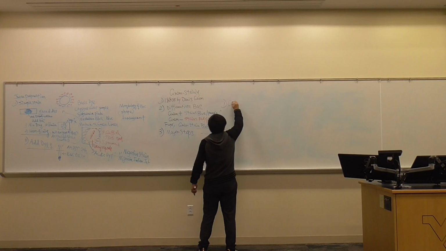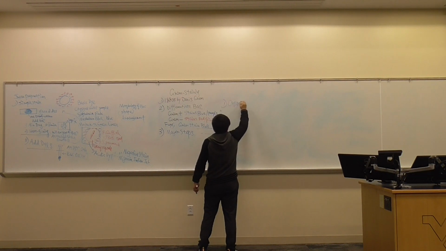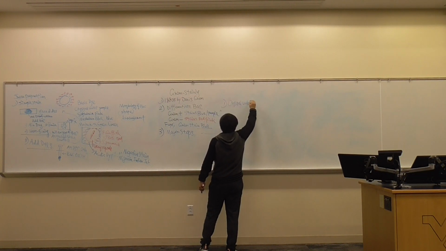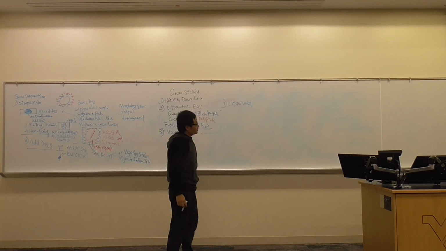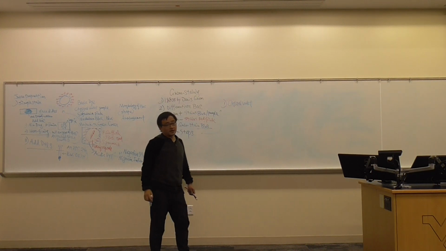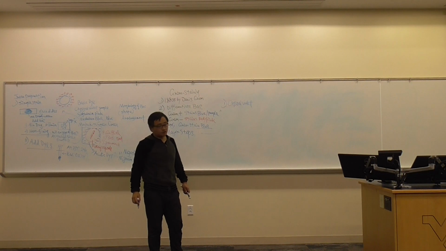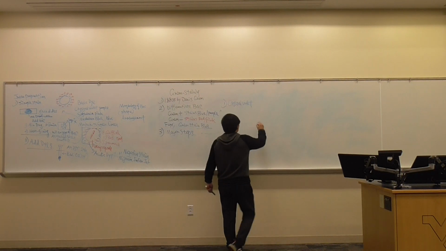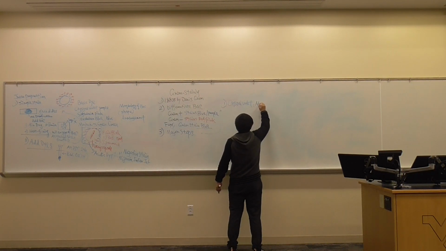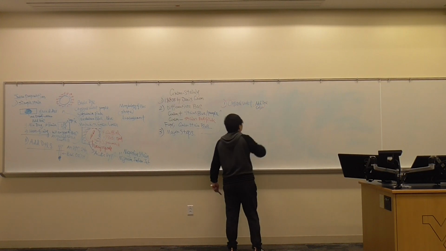Number 1, crystal violet. Crystal violet is a very purple dye. It's strongly positively charged. So the function is you're going to add dye color on the surface.